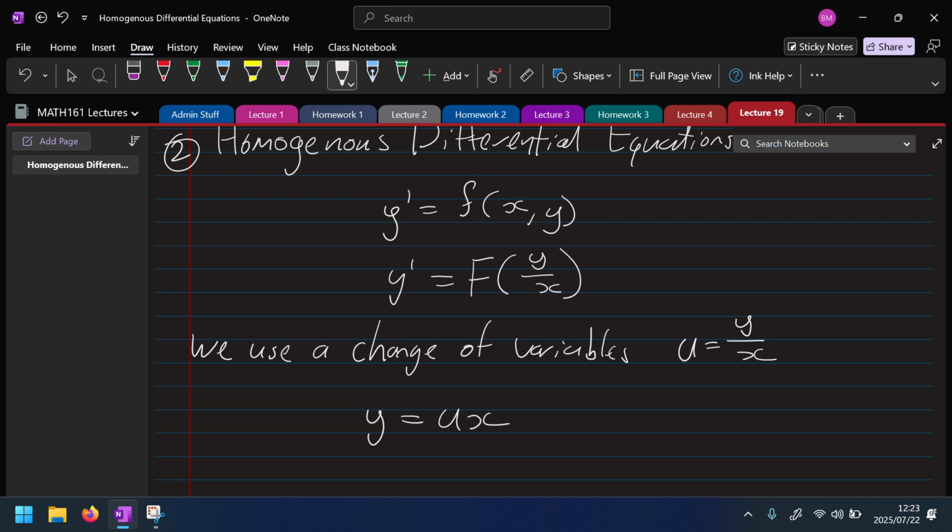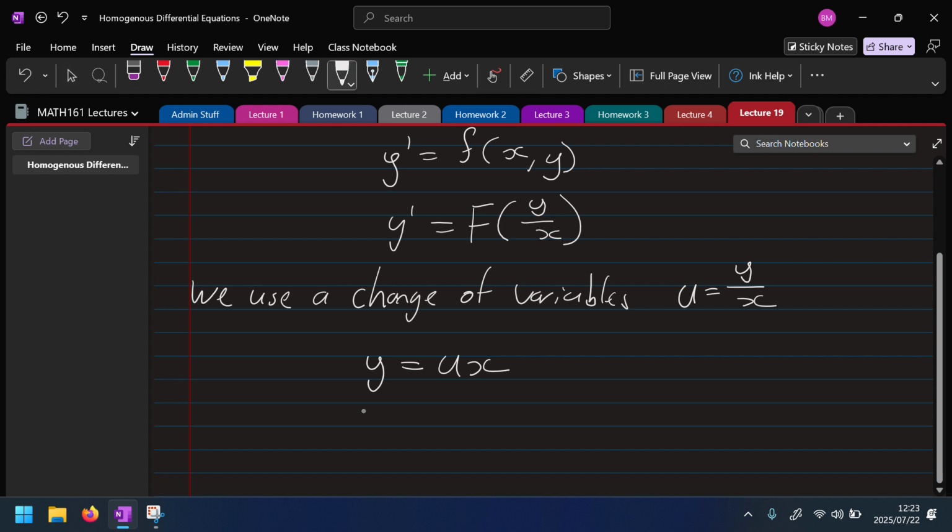Now what we want to do is find y prime for that left-hand side, so we're going to take the derivative on both sides. So y prime is equal to, u is a function of x, x is a function of x, so it's a product rule. We're going to have u prime x plus, and then we leave the first one alone and take the derivative of the second, so it's just plus u.